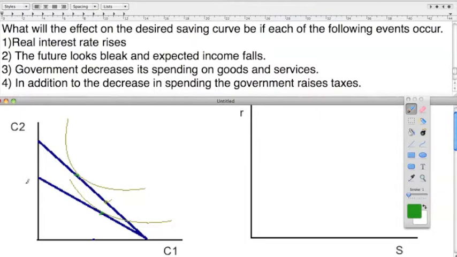There's another effect going on here called the income effect, and we can draw a new budget constraint through where he ends up, but parallel to the other income budget constraint line.